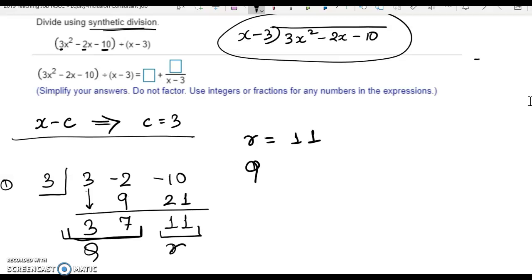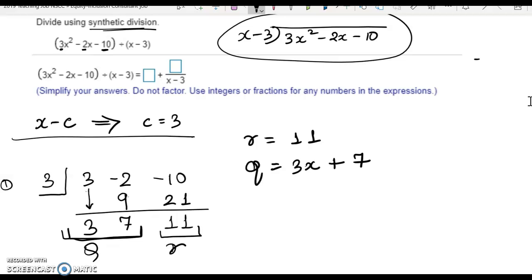And my quotient, you'll say, but this is just 3 and 7. How do I make them into a binomial? You will give this one x, and whatever sign is here will come right here. So based on that, your quotient is 3x plus 7.